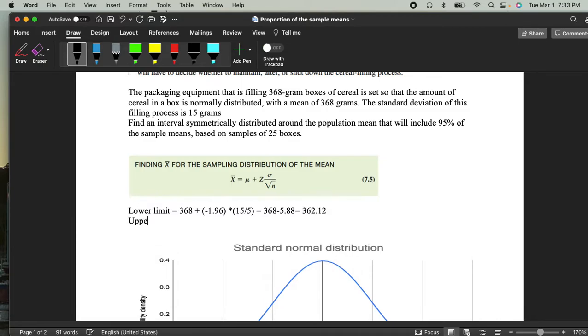Now we need to calculate the upper limit, which is going to equal 368 plus, in this case we have a positive 1.96.